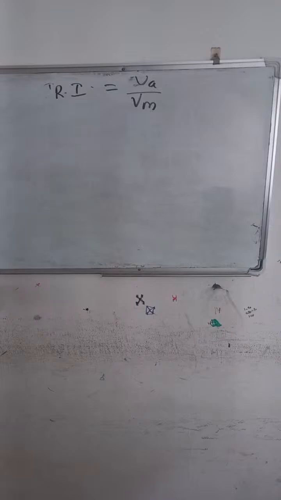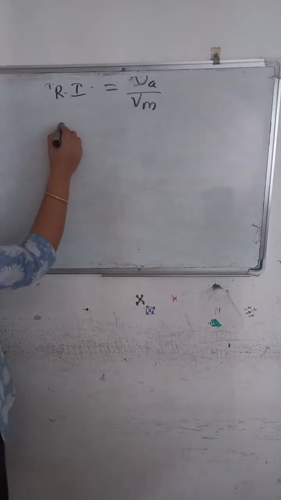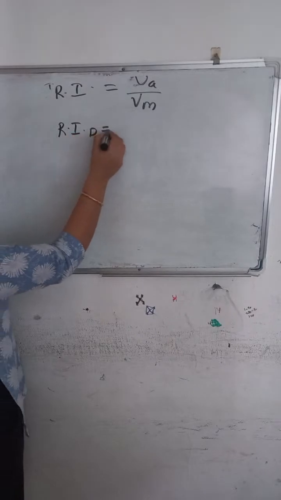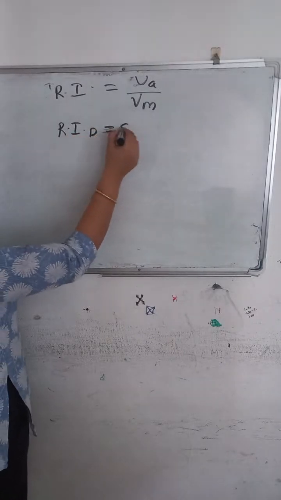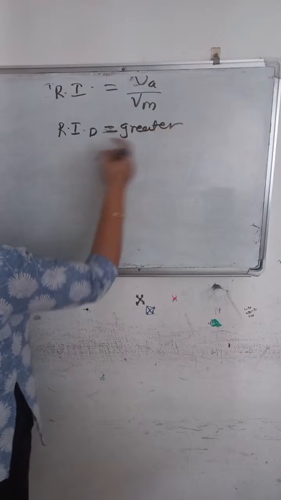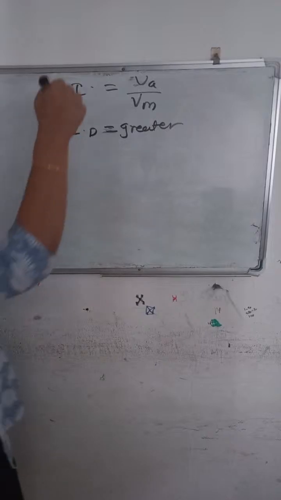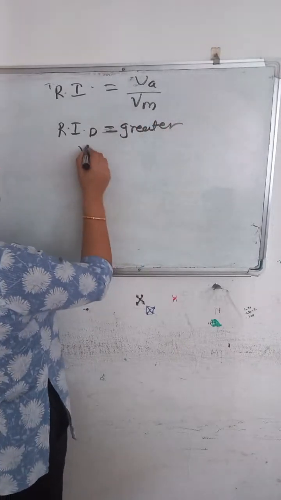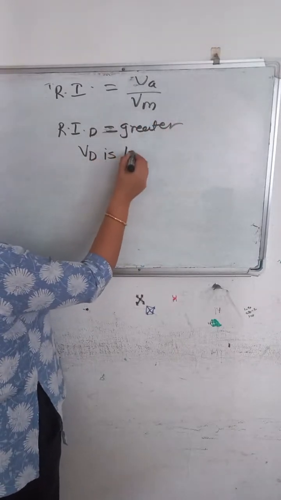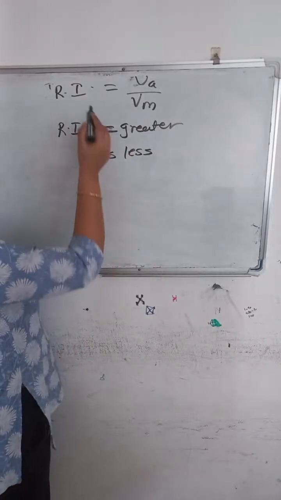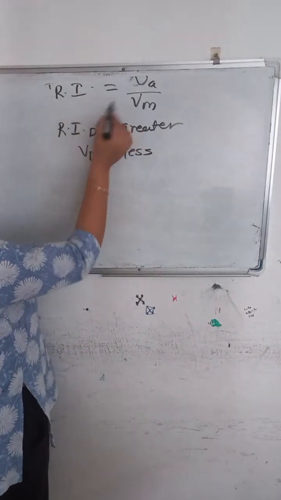Okay, if you have a textbook with you, just check. The refractive index of diamond is always greater. If you check the last bit of that table, it is diamond. So the refractive index of diamond is more, and the speed of light traveling in the diamond is less, because here there is inverse proportion.